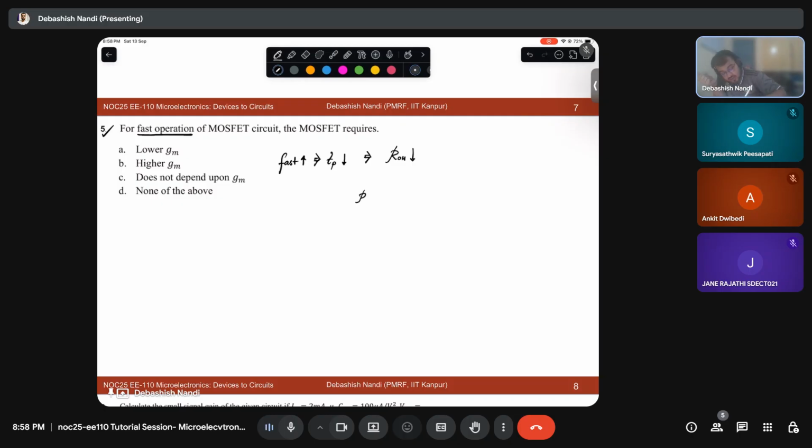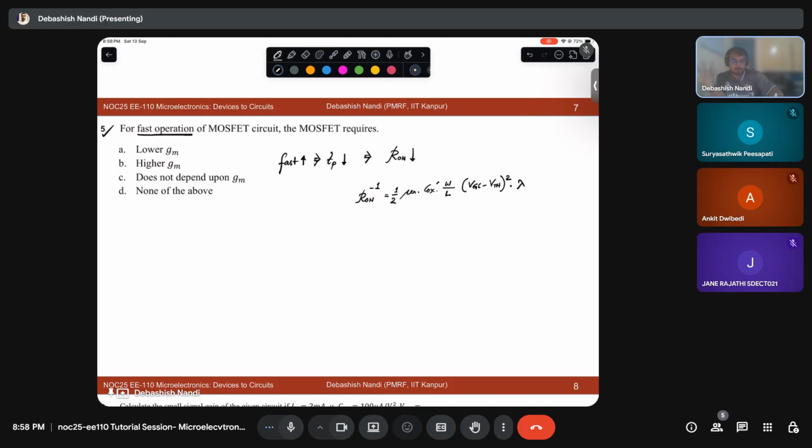So what is my R1? Del VDS by del ID, which is 1 over mu n Cox W by L times VGS minus VTH whole square times lambda. R1 inverse is this.